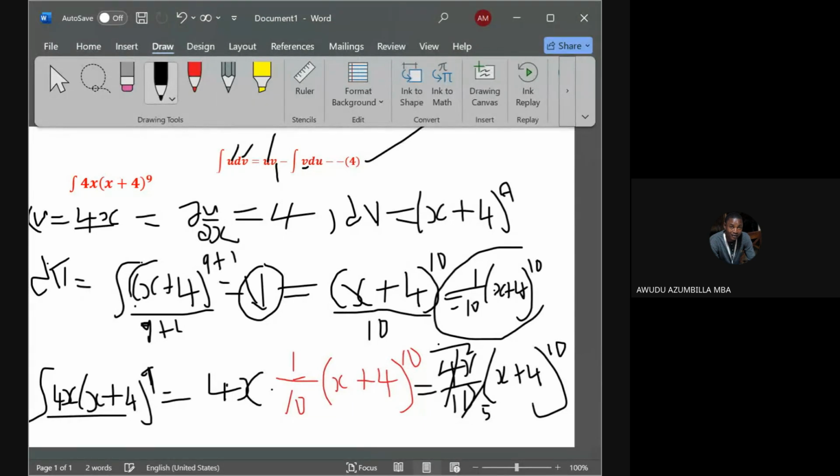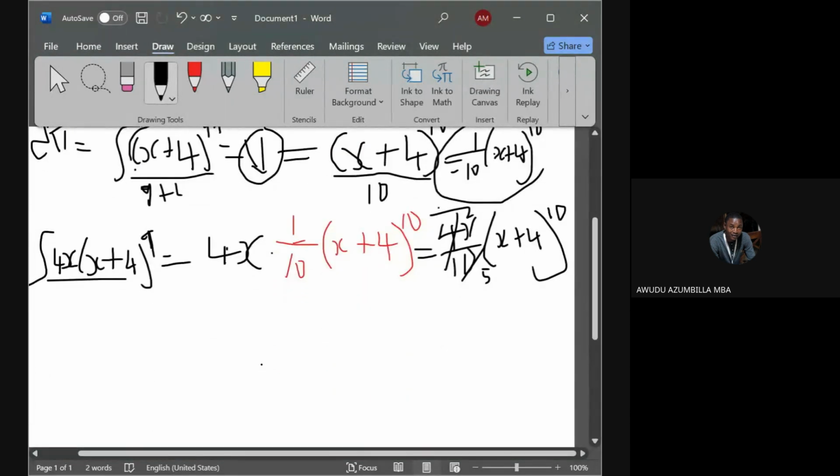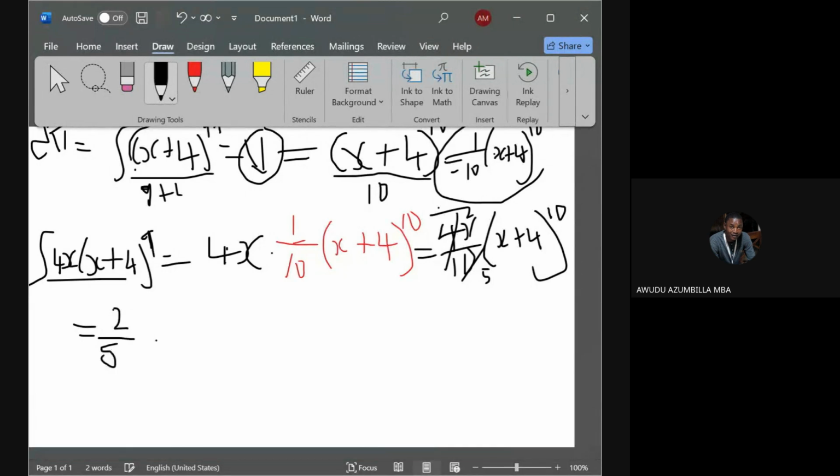So our function is now 2 over 5x, there's x attached to it, then we open a bracket, x plus 4 raised to the power 10.